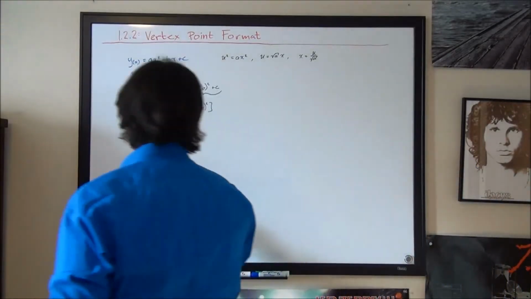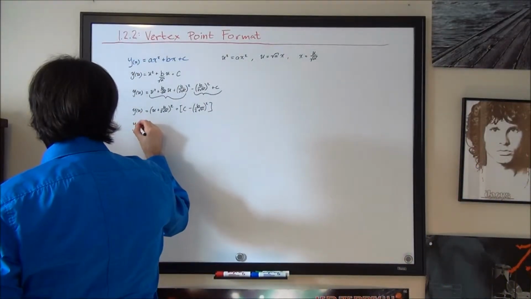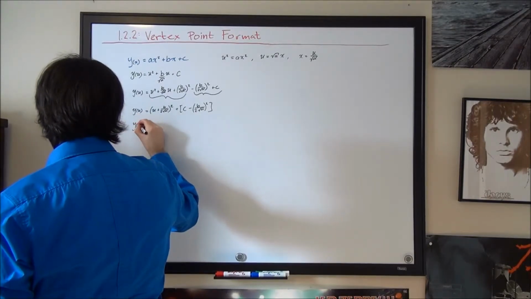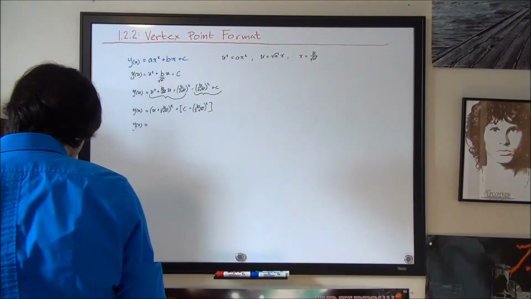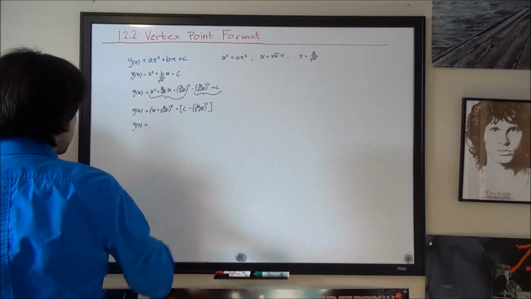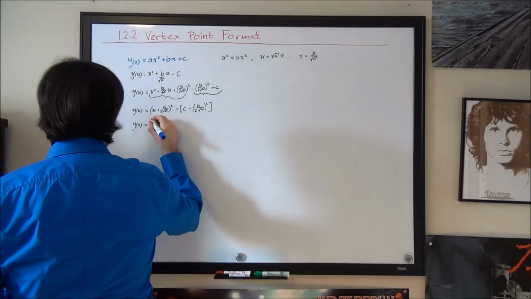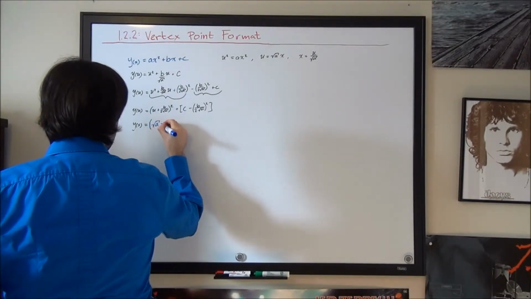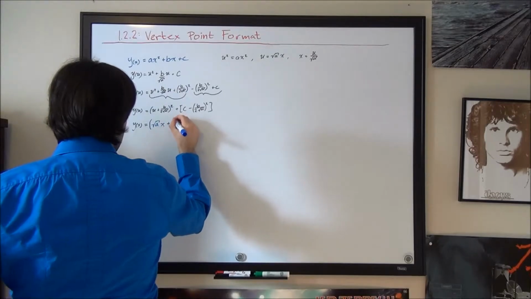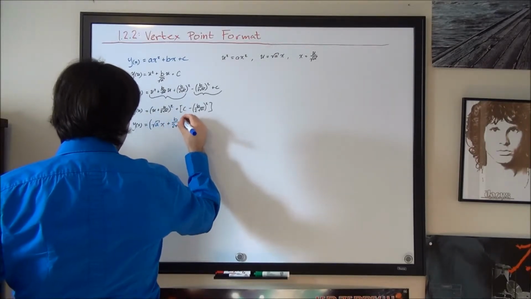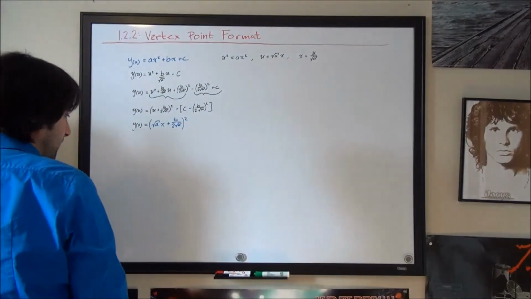So I'm going to write y as a function of x now, and I'm going to use some different colors here. I use blue for this squared part, so I'm going to have root a times x plus b over 2 root a, and that's all squared.